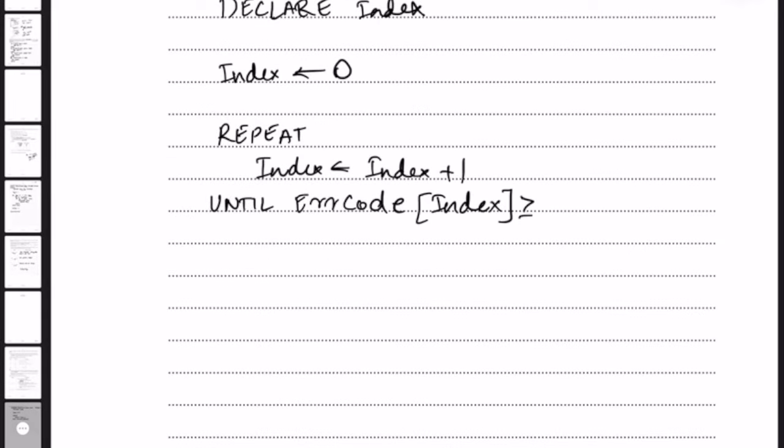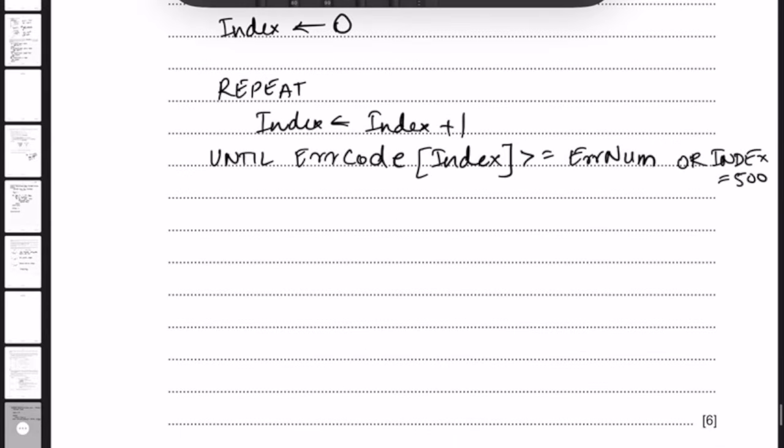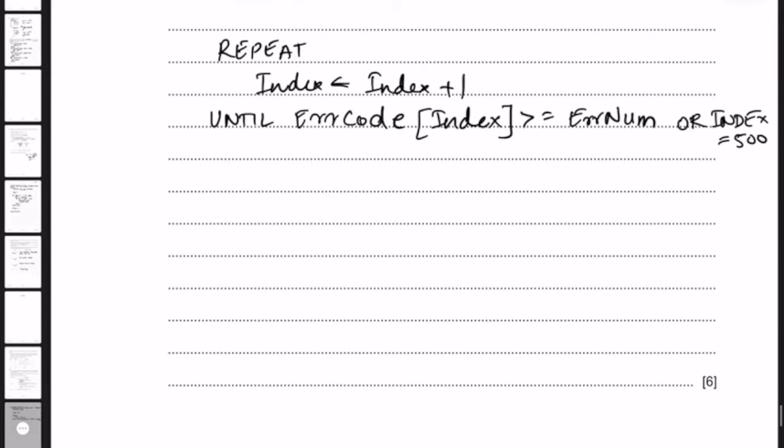Until it is greater than or equal to the error number, or the index reaches 500, because it is a 500 element array. So we'll run this and we're incrementing the index by this, right?